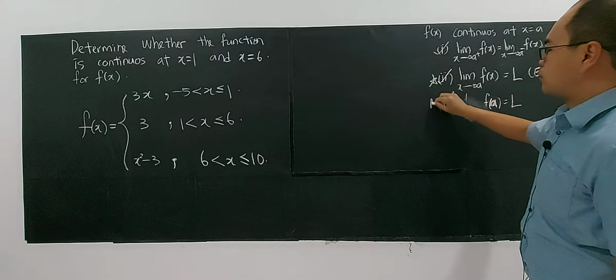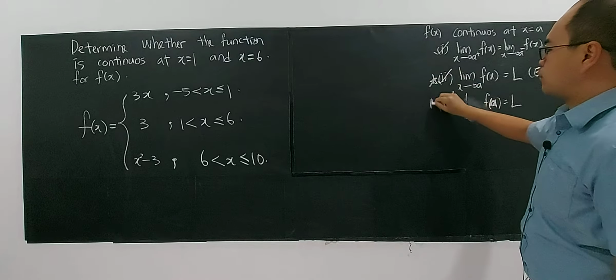So for 1 from the right, this will be the function 3. The limit of a constant, you get back the constant, by the properties of limits in the early part of this chapter. So if you have the limit as x approaches 1 from the right, x more than 1, so 1 plus, you have 3, right?